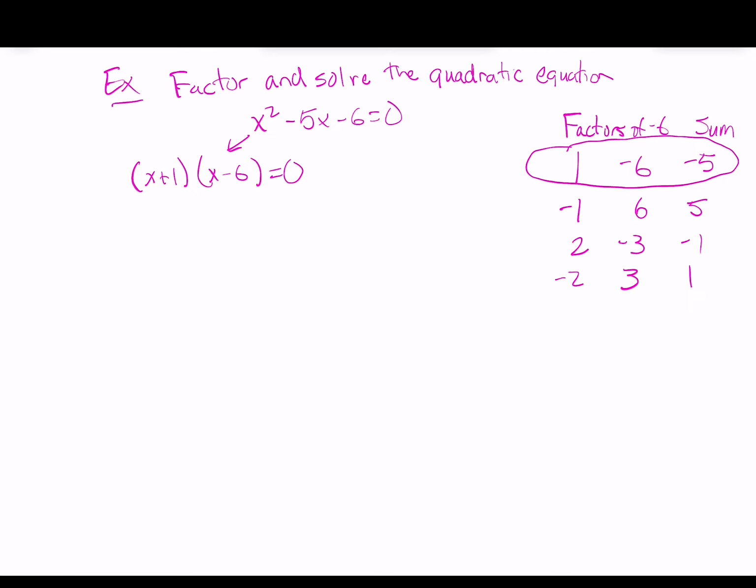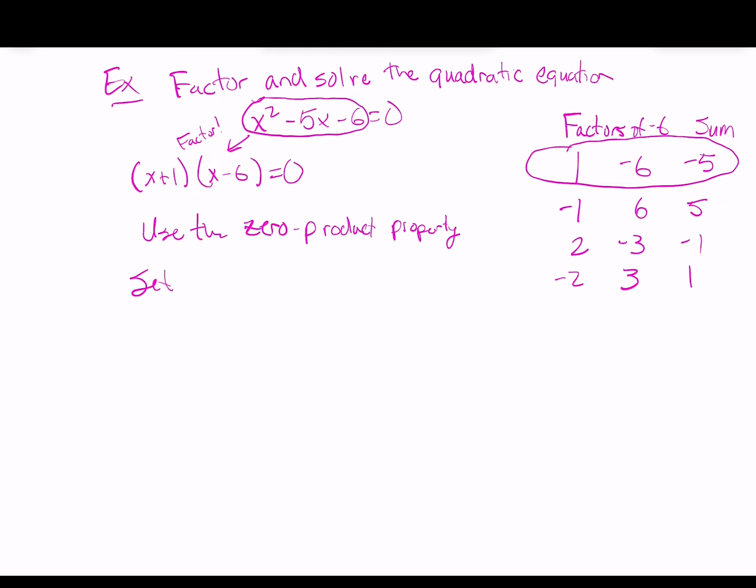And we're factoring this expression here. That's how we get there. We factor that. Okay, so what we can do now is use the zero product property to figure out the two solutions.